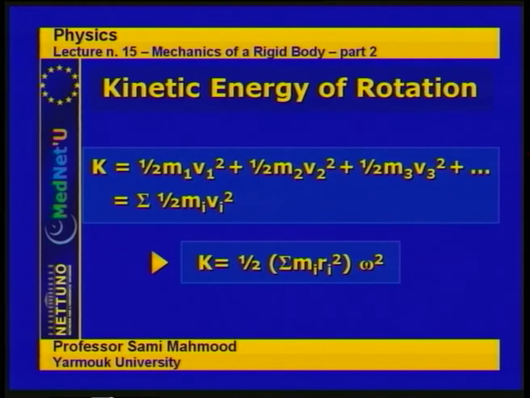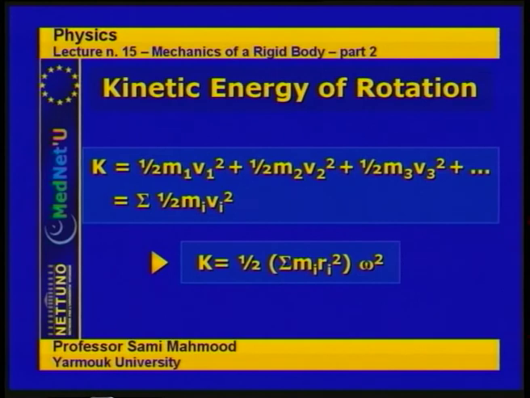But if we use the relation between the tangential velocity of the particle and the angular speed, realizing that the velocity is given by r times omega, we can substitute that value for v, and we will thus get K equal to 1/2.